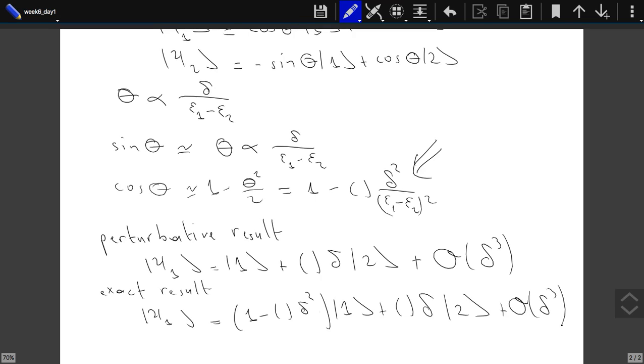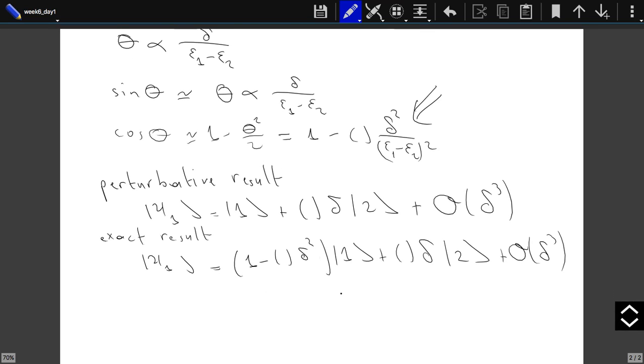So the idea is, these two answers look different, but in fact they are the same, up to terms of the order of delta cube. How to see that? Let's take psi 1 equal to 1 minus delta squared. This is just a normalization. Times 1 plus some factor times delta.